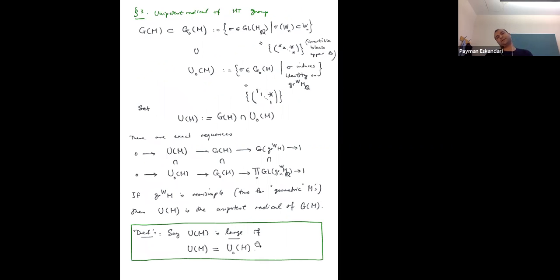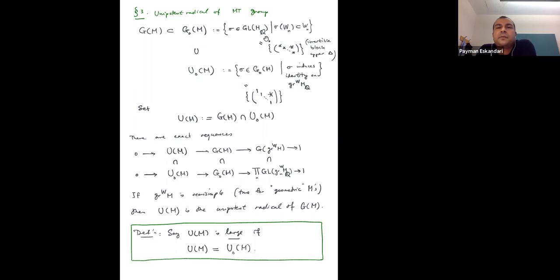So I want to talk about the unipotent radical of the Mumford-Tate group. The talk is really about the unipotent radical. Suppose M is a mixed Hodge structure. Because the action of the Mumford-Tate group respects morphisms, in particular it respects the weight filtration. So G_M is contained in the subgroup of GL of M which respects the weight filtration.